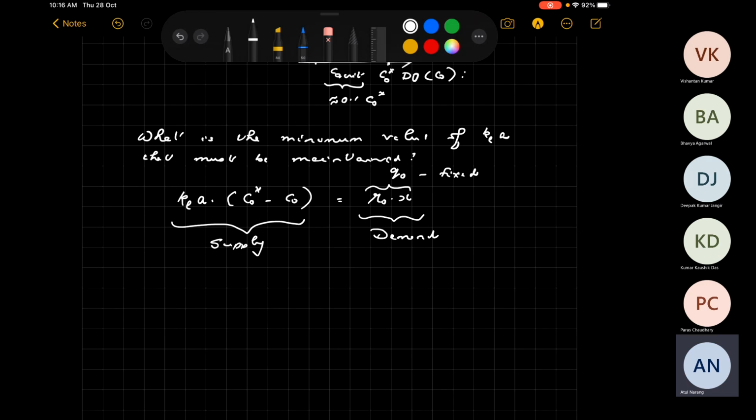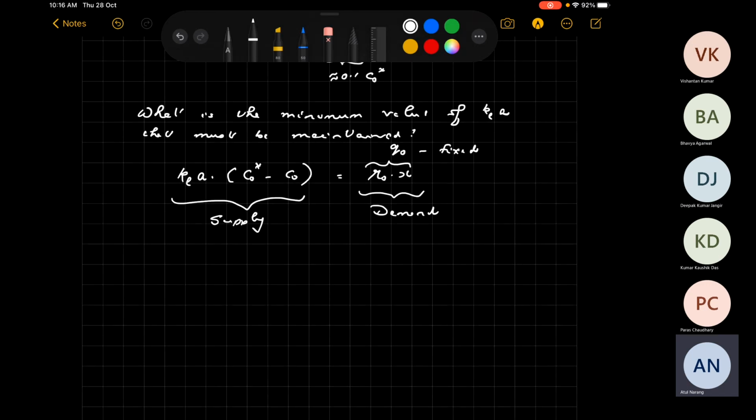So to understand this, roughly speaking, if the demand side is fixed, then the higher the value of KLA, if I increase KLA, keep in mind CO star is also fixed, because if you're blowing air through the reactor, then that air contains a certain mole fraction of oxygen.